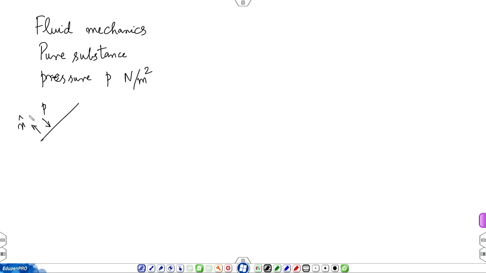So, this is the notation that is used, so that for an elemental area dS, the elemental force is written as P dS in terms of magnitude, n in terms of direction with a negative sign. Okay.